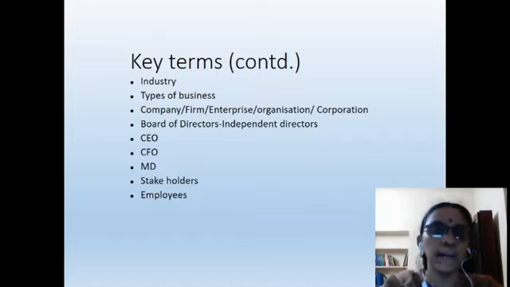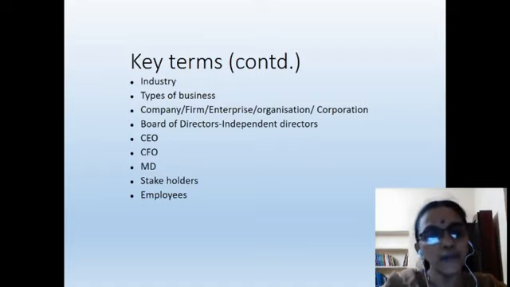It can be a profit-making or non-profit-making company. A company is a single entity, and a group of similar companies or firms is known as an industry.